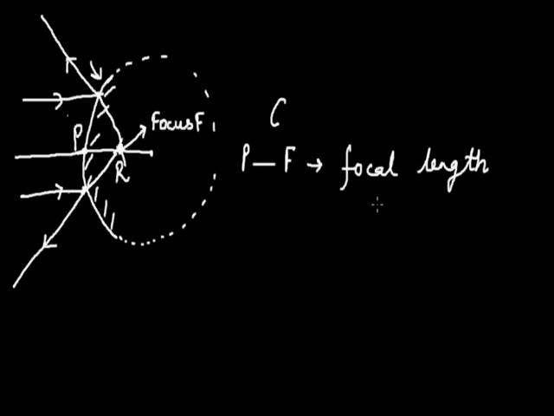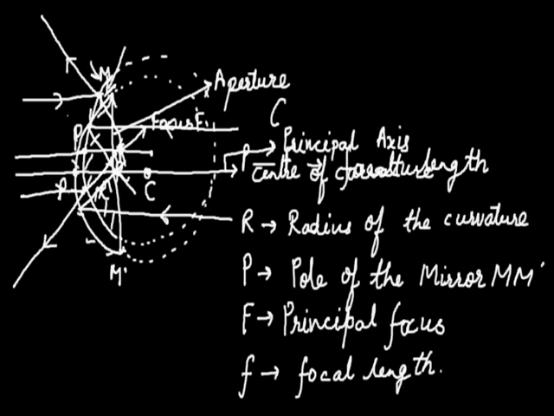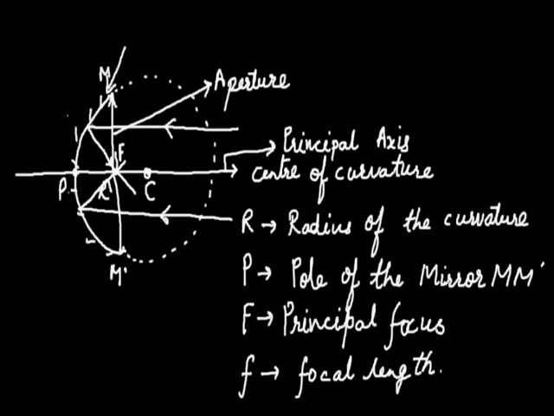Now, it is very obvious that the focus of a concave mirror and the focus of a convex mirror can be differentiated. The parallel beam of light after reflection from a concave mirror converges at a point in front of the mirror. This point F is the focus of a concave mirror, and it is real.